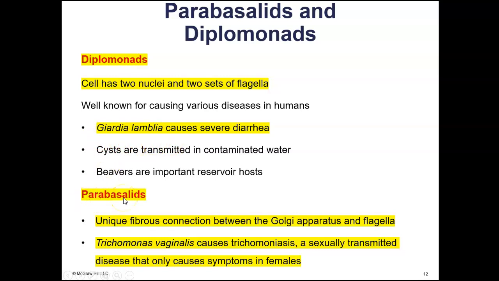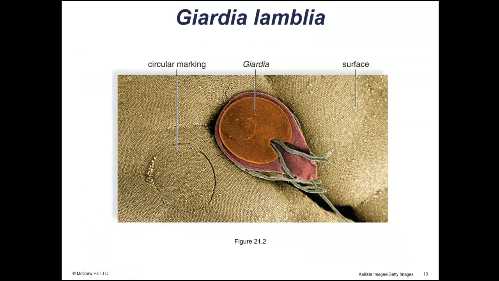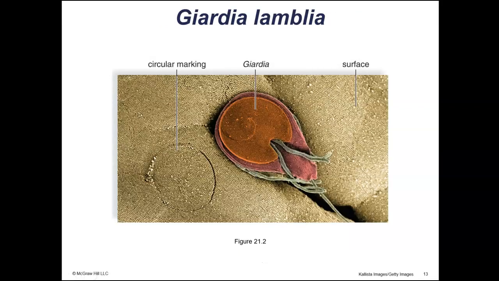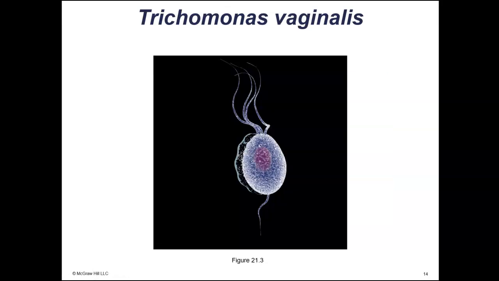Then there are the parabasalids, and the example that we learned in class was the Trichomonas vaginalis, which causes an STD. Here's your Giardia under an electron microscope. The Giardia is your diplomonad, and the Trichomonas vaginalis is the parabasalid.